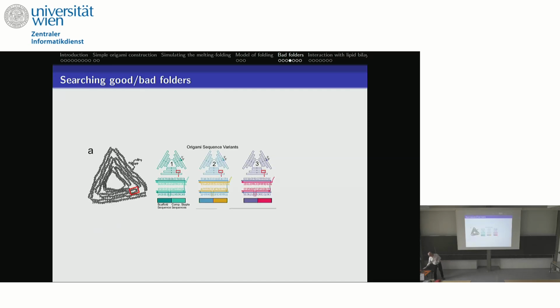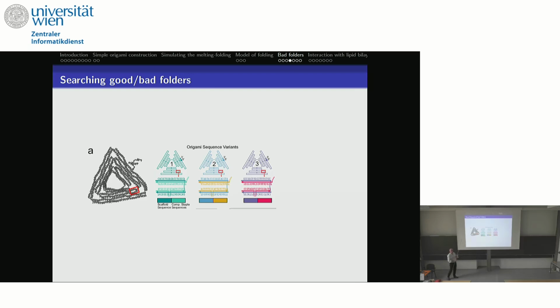How does this work? Maybe I should speed up. So again, let's say that we want to fold a triangle. Okay, we are going to sample a pool of different scaffolds. Each scaffold corresponds to a different color here, because the scheme is always the same for the folding.